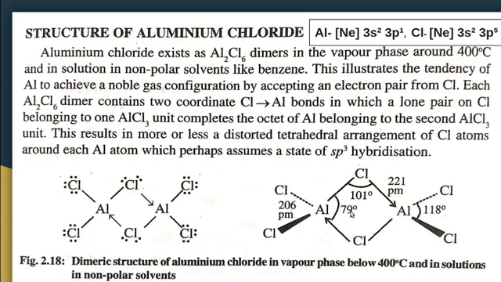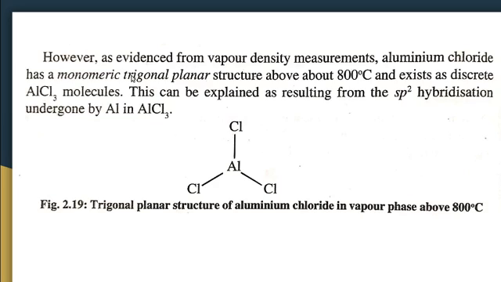This aluminium chloride attains the dimer structure only when it is in the vapor state around 400 degrees Celsius and also in solution in nonpolar solvents like benzene. However, as evidenced from vapor density measurements, aluminium chloride has a monomeric trigonal planar structure at about 800 degrees Celsius and exists as discrete AlCl3 molecules.